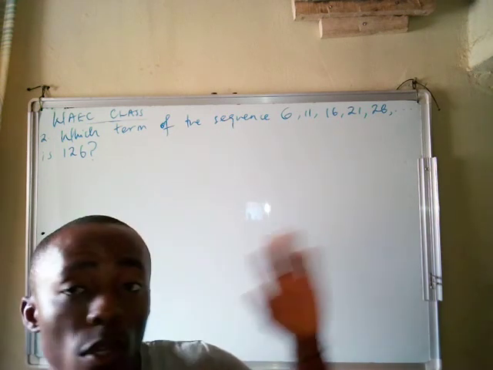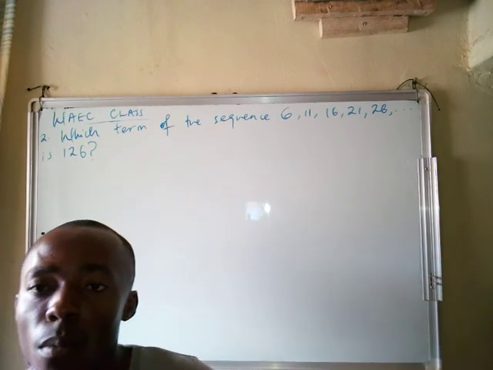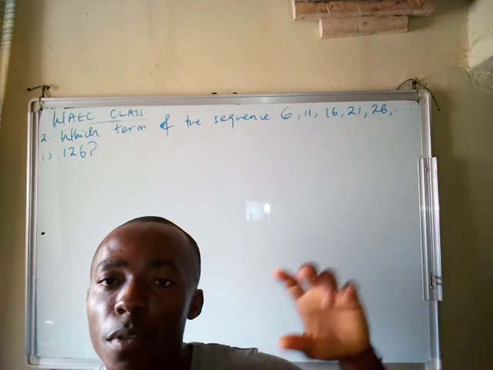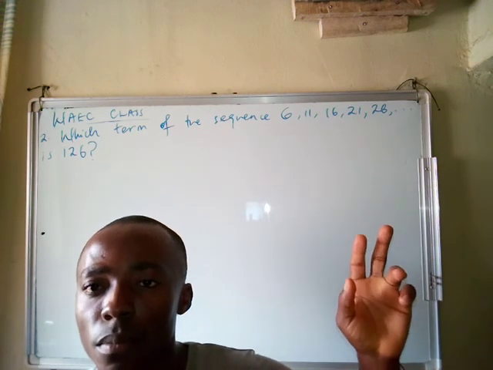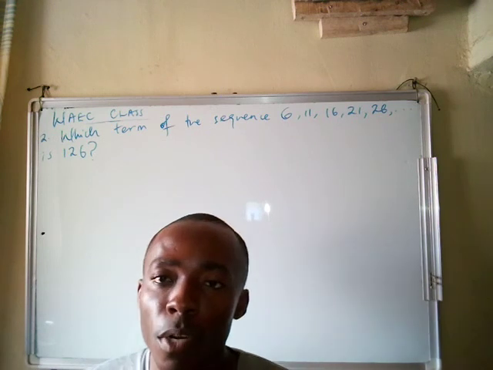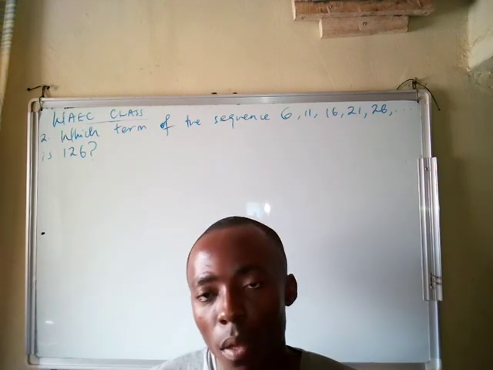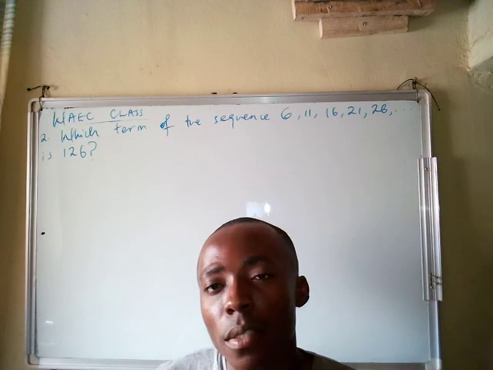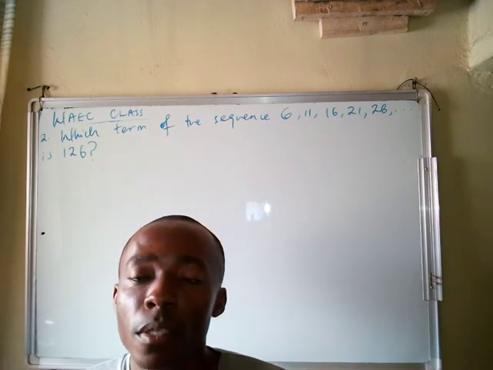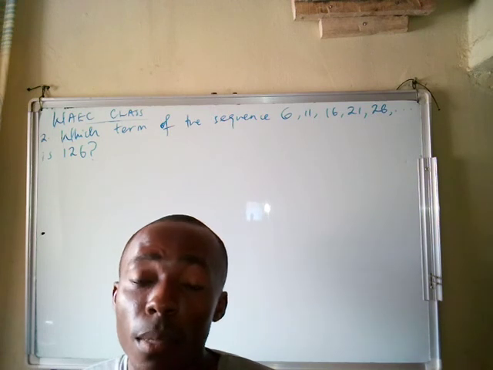So you can have a million sequences, you could have a million APs, but there's something that always works for them. Let me give you an instance of something you know very well. In the length of an arc, the general form is theta over 360 times 2 pi r.